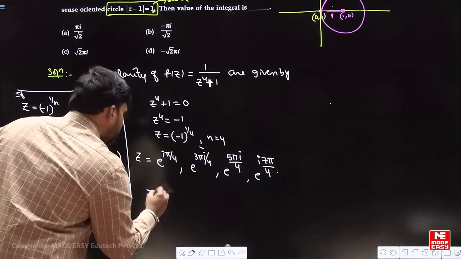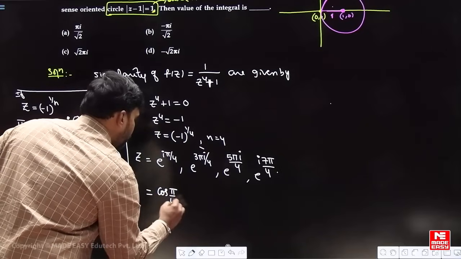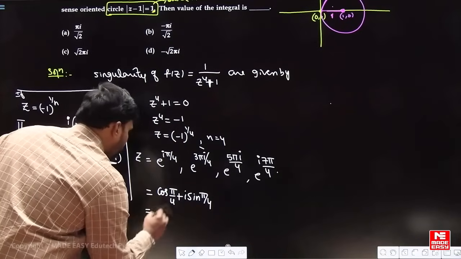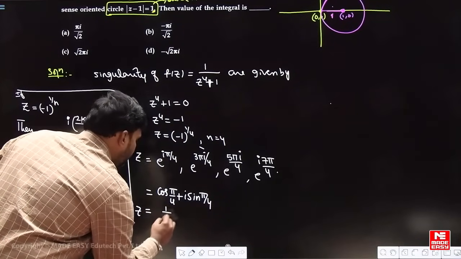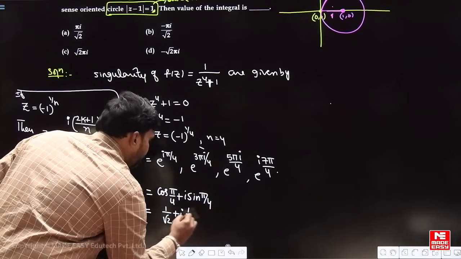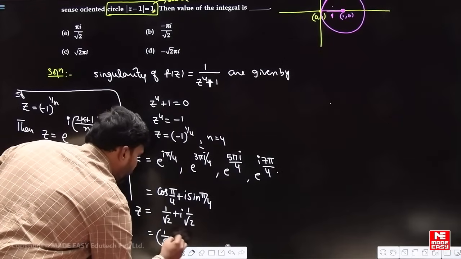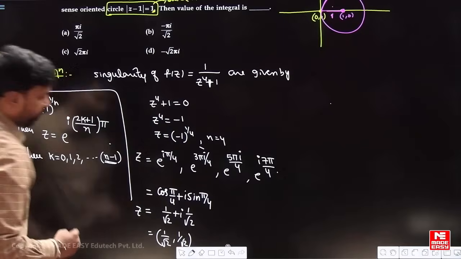This is cos pi by 4 plus i sin pi by 4, right? So z is equal to 1 by root 2 plus i times 1 by root 2. That means this is the point (1 by root 2, 1 by root 2), right or not?